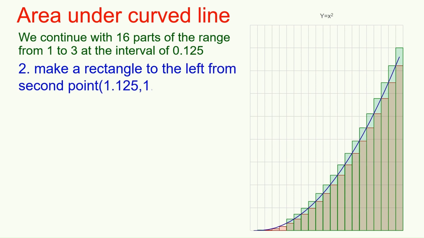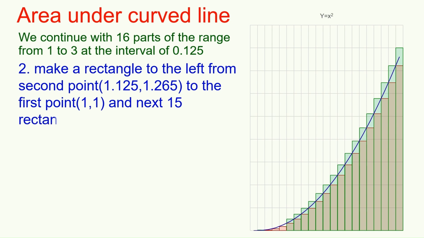Make a rectangle to the left from second point, 1.125, 1.265, to the first point, 1, 1, and next 15 rectangles, in same order.